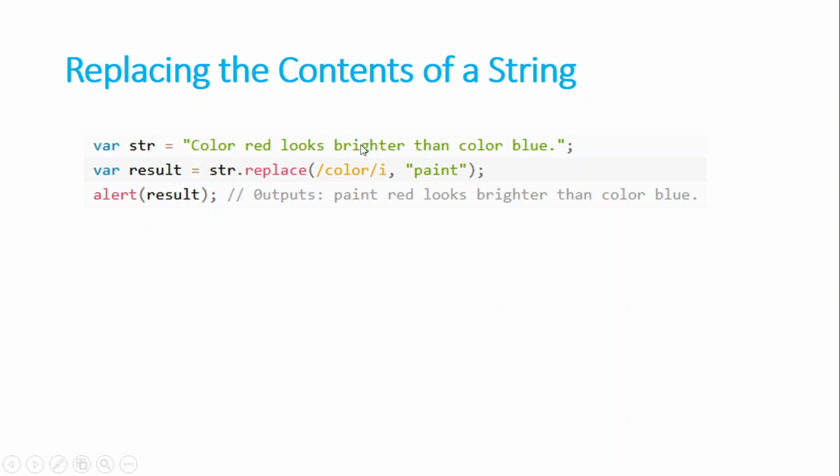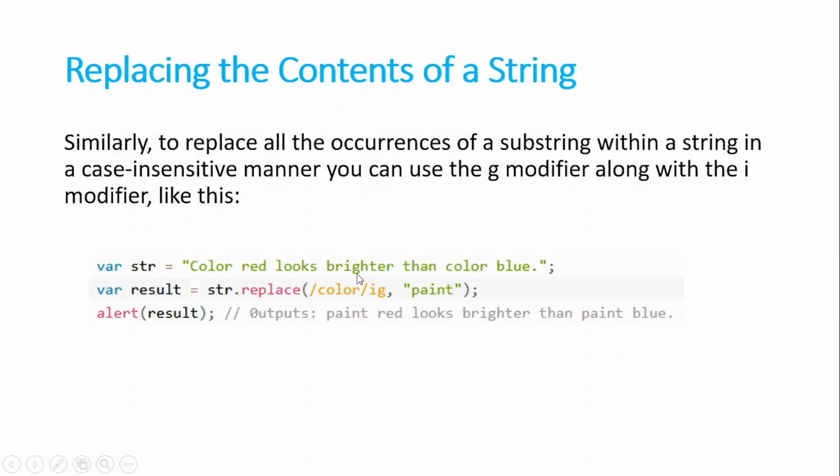If you want all the occurrences to be changed to paint, let's say I want this one to be changed as well as this one, then I can use this g modifier. This will allow us to change all the occurrences of a particular word which we are checking in the regular expression. So all the colors, without checking the case, you can change them into paint.